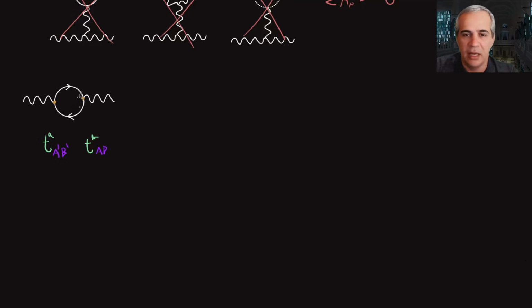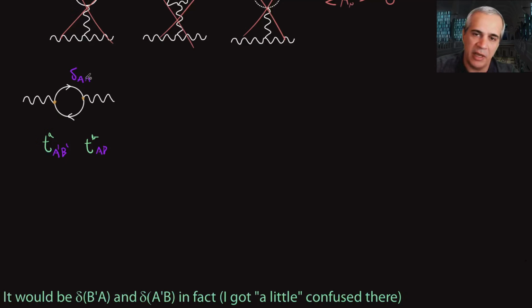But the propagator for the fermions now includes a Kronecker delta. So this one could be a delta a prime, and this one a delta b prime or b a prime. It doesn't matter. The consequence is that in the end these primes go away.